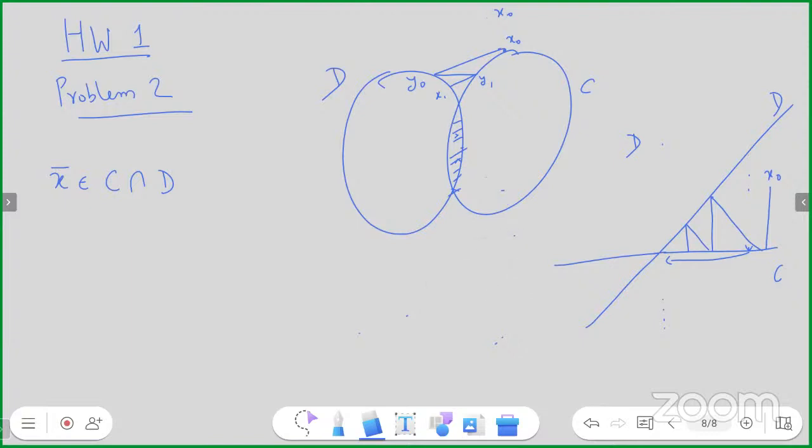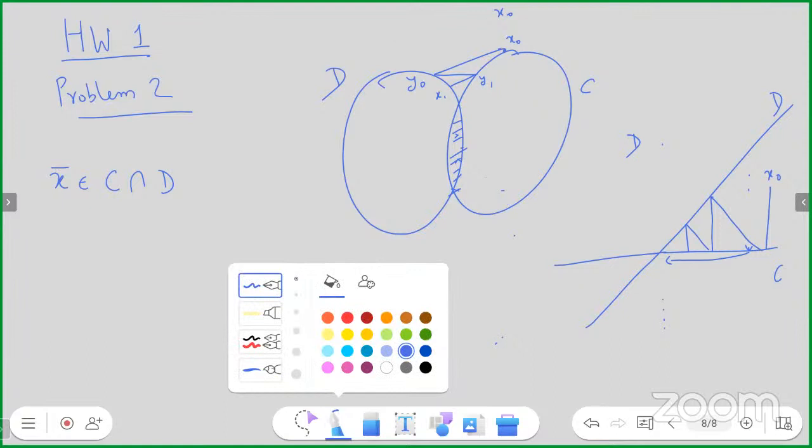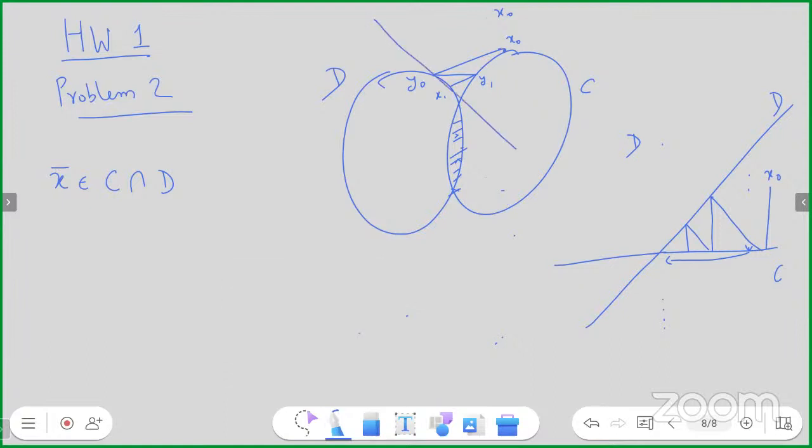So let's say I'm projecting this. Look at this hyperplane, which is normal to x0 minus y0. So this is the normal. I have not drawn it very nicely. It will completely separate. So this is my normal, which is x0 minus y0. With the projection, this is what I'm going to get.